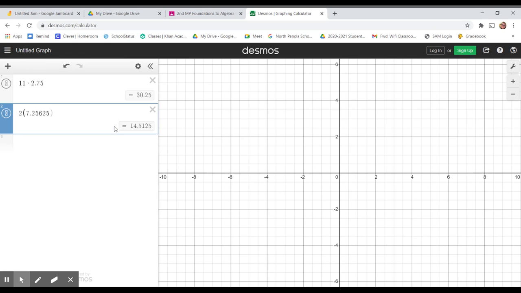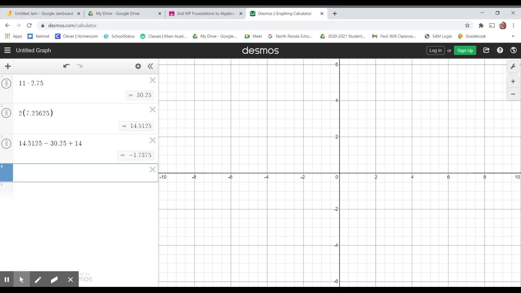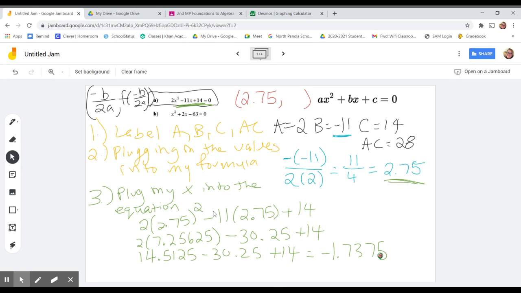Then I can just type that whole thing into Desmos and it'll give me a result. So I have 14.5125 minus 30.25 plus 14 is going to give me negative 1.7375.